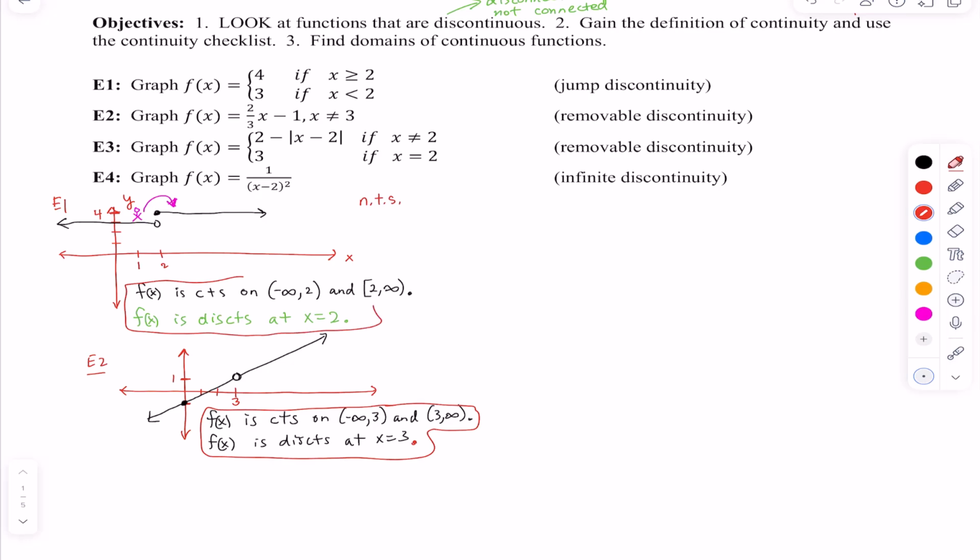Let's look at example 3. This time we have an upside down v shifted 2 units to the right and 2 units up.